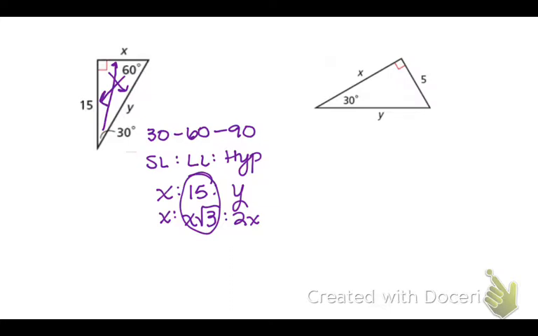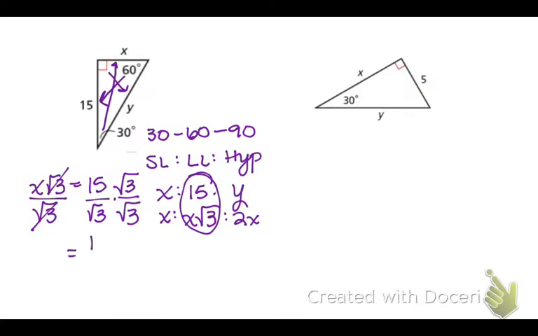I take those 2 things, because I know that they're equal, and set them up and solve for x. So I would divide by the square root of 3. Again, I don't want that radical in the denominator, so to rationalize, I take whatever radical is in the denominator divided by itself.